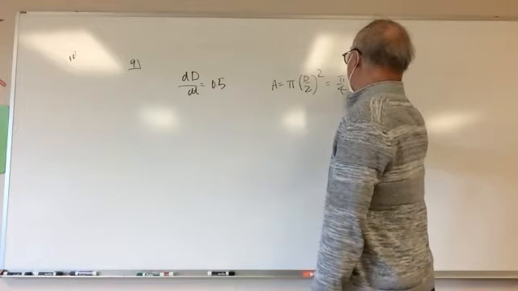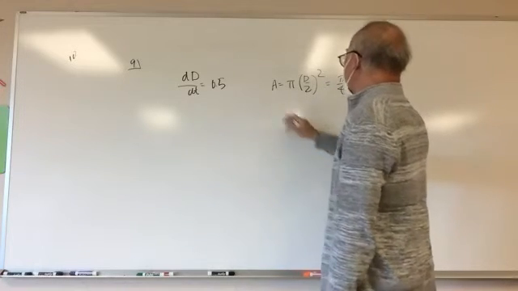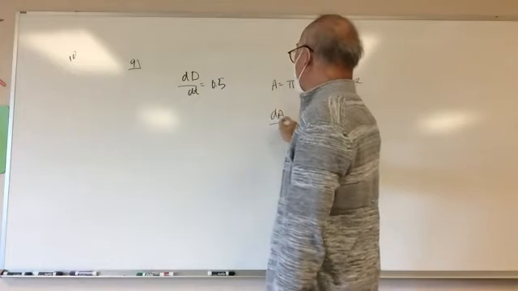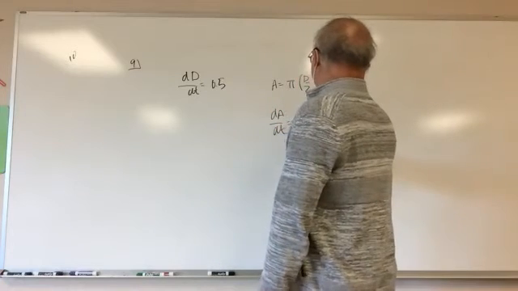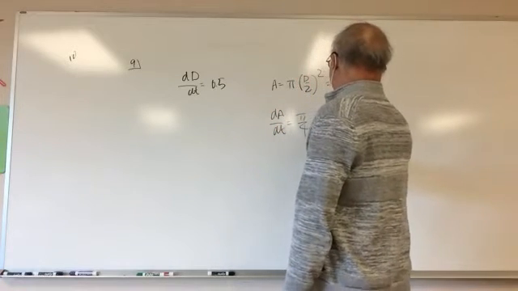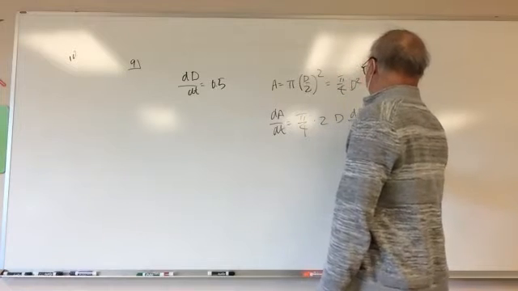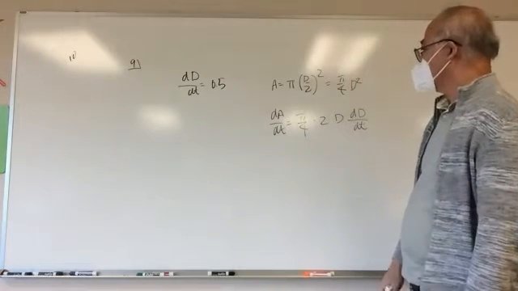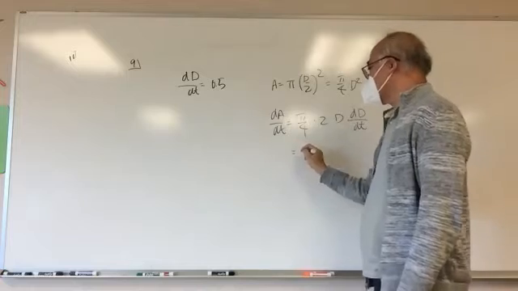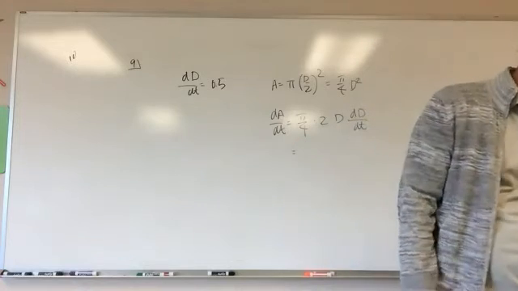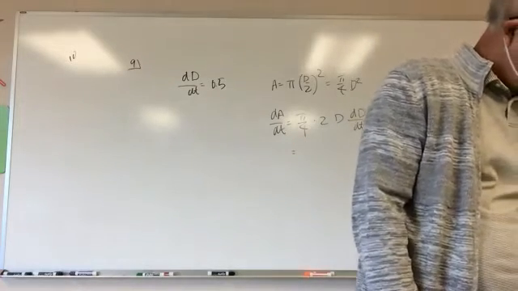Pi over 4 d squared, I can do this, and then I'll go ahead and take the derivative. Pi over 4 times 2 d dd dt, right? Did they give us the diameter at what time? Didn't tell us that.